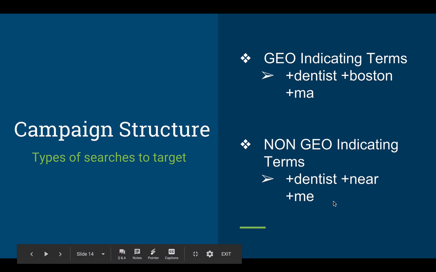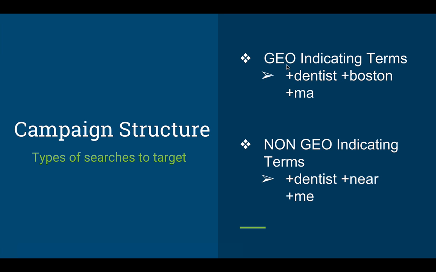So we'll target these people with "dentist near me" type non-geo terms. And we'll split these into two different campaigns just so we can see the performance of them, and if one is producing more or better leads than the other and the other one's just performing poorly, we can turn that one off and put more money into the one that's working.